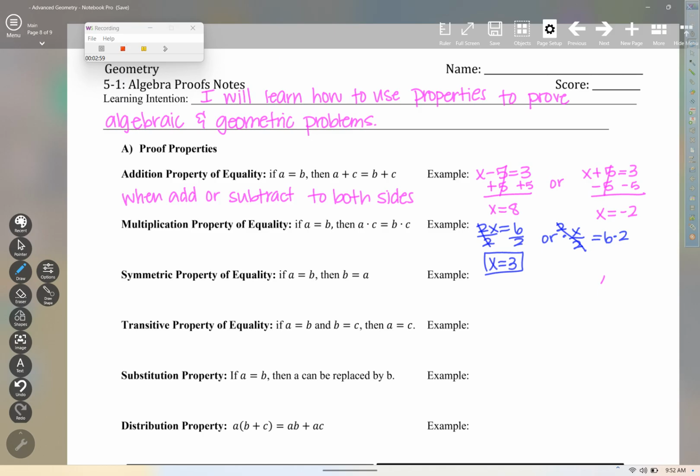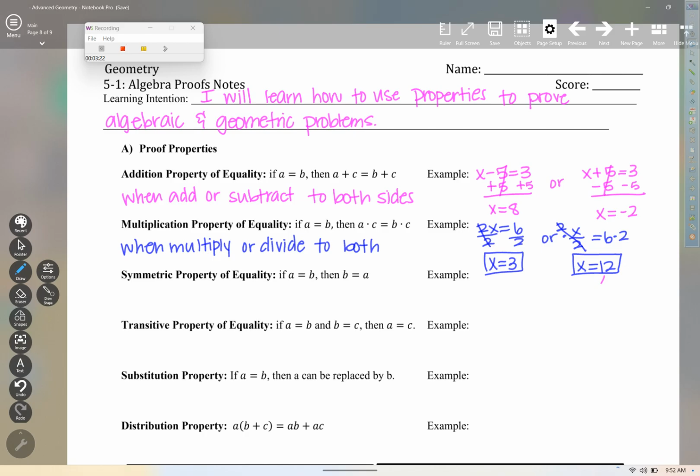So the multiplication property of equality means when you multiply or divide something to both sides.